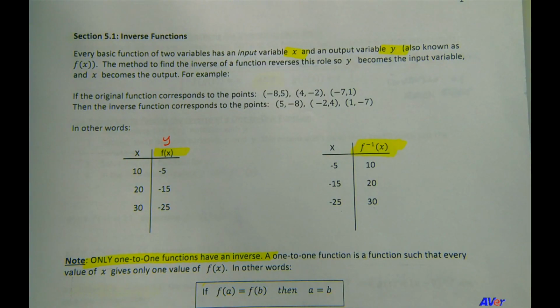I'm comfortable that you now know how to verify if two functions are inverses of each other, how to find the inverse of a one-to-one function, and the numerical relationship between the two. The x and y swap roles.